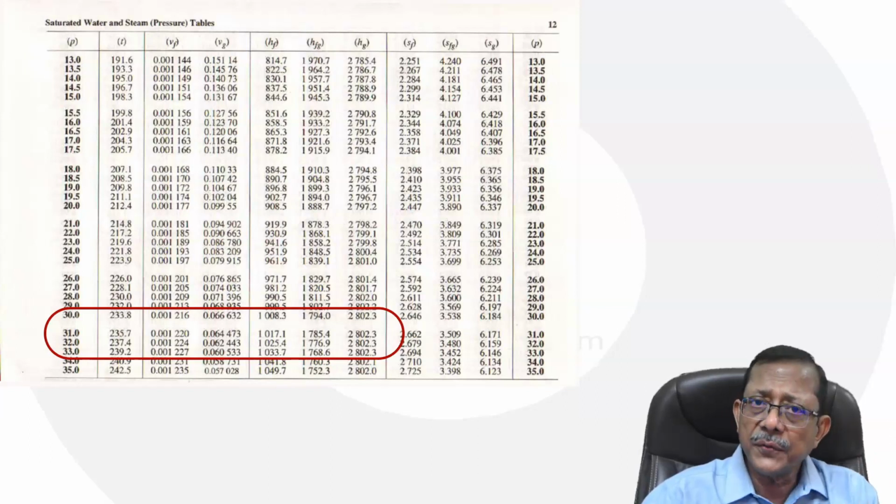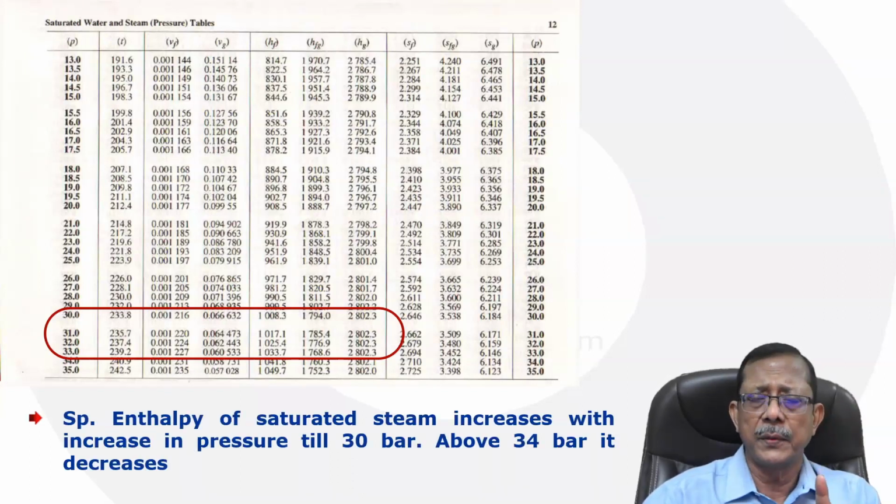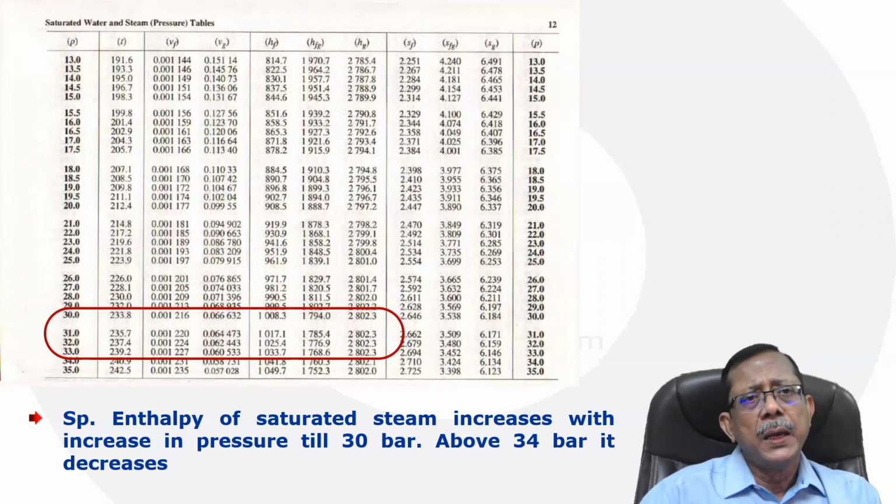And after 34 bar, with increase in pressure, it starts decreasing. So please remember this, that saturated steam enthalpy, that is Hg, first increases with increase in pressure up to 30 bar. Above 30 bar or above 34 bar, it starts decreasing, right?